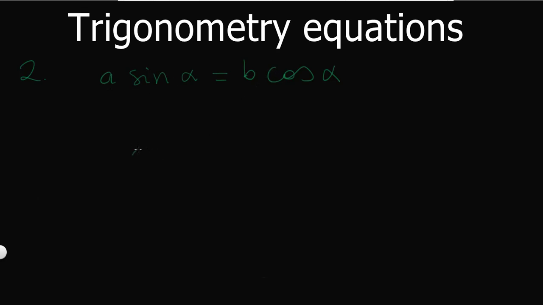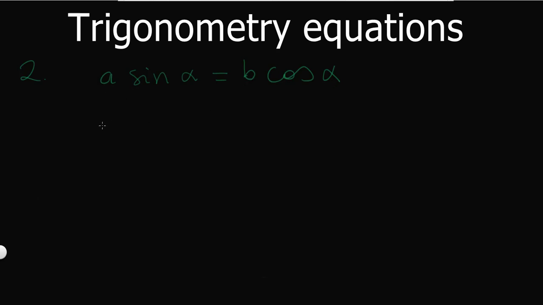The first one we had was sine alpha equal to sine beta, where the angles were different but the coefficients were equal, 1 and 1, so you say alpha equal to beta. But in this case the angle is the same angle, but the coefficients are different.